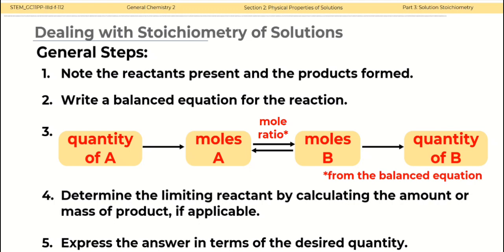It is also important to consider the balanced chemical equation in solving the problem, since mole ratio is involved in the calculation. Number 4. Determine the limiting reactant by calculating the amount or mass of product, if applicable. Number 5. Express the answer in terms of the desired quantity.